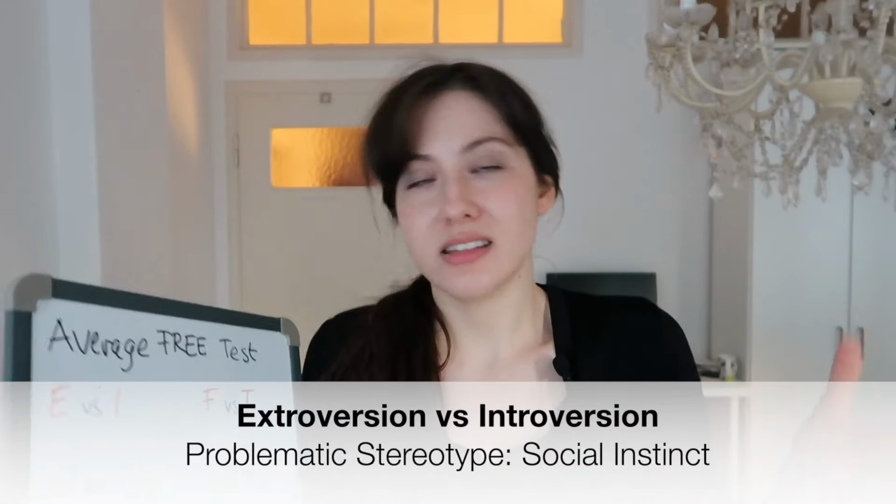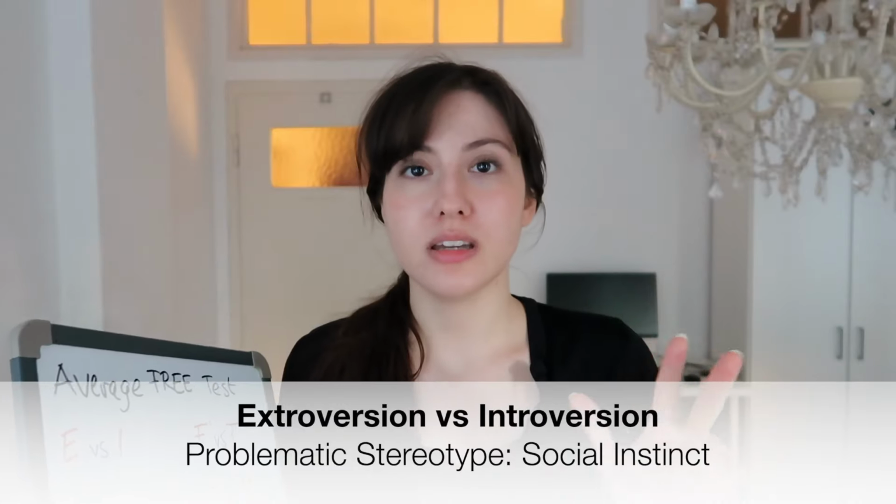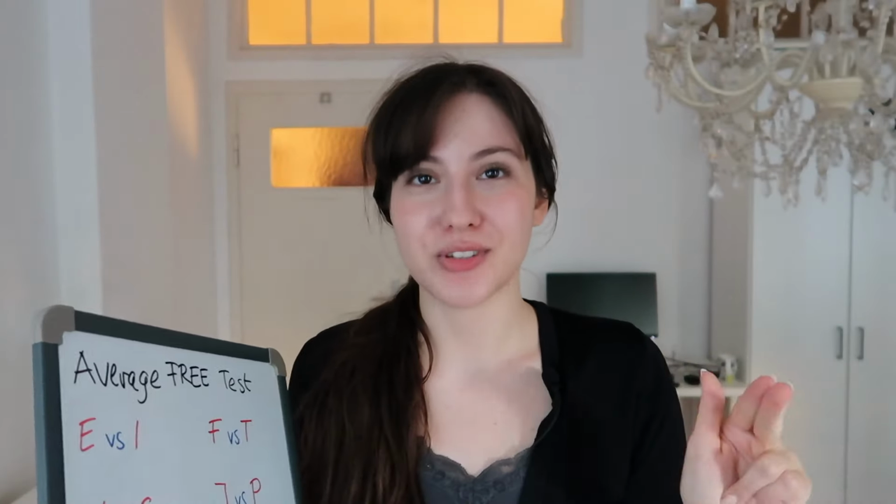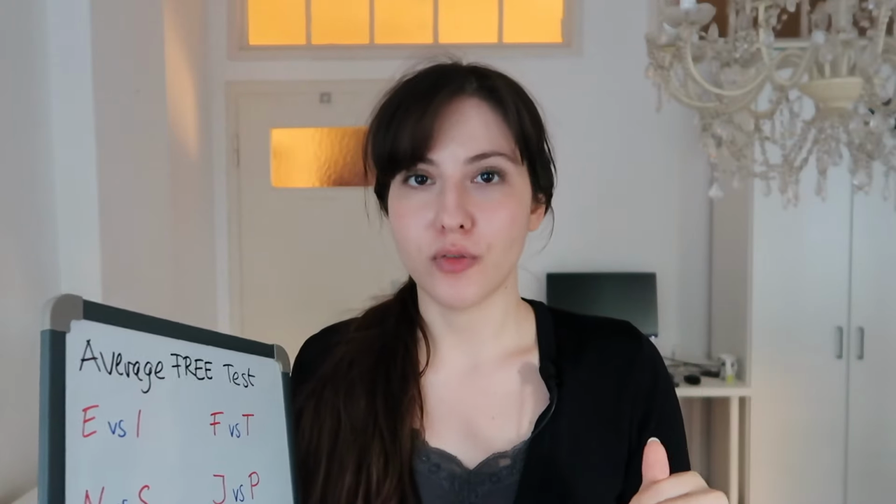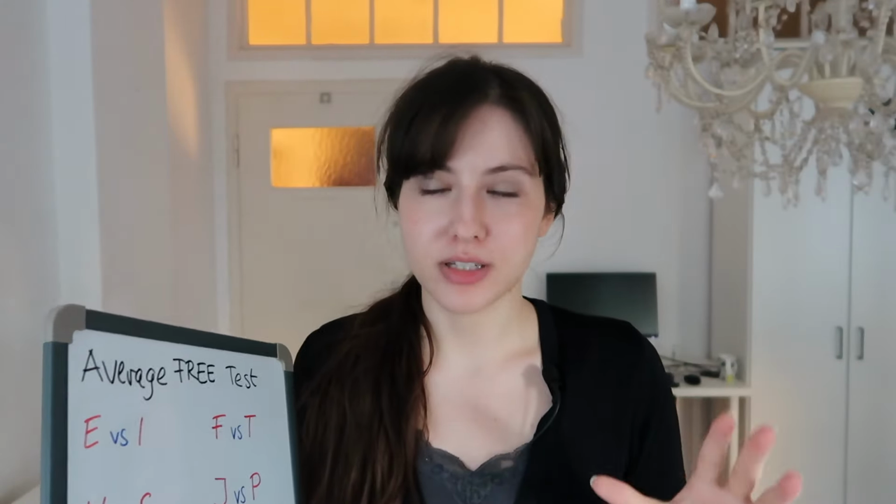Okay, the next point. This is related to what I call the instinctual drives, the instinctual stackings, the instincts from Enneagram. So if you're not familiar with them, there are 3 instincts: social, sexual, and self-preservation. If your social instinct is at the bottom of your priority list, I have made videos about that. Basically, everyone has an order of their first, their second, and last instinct.